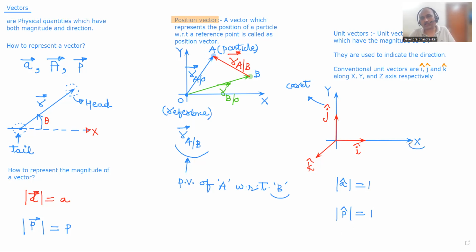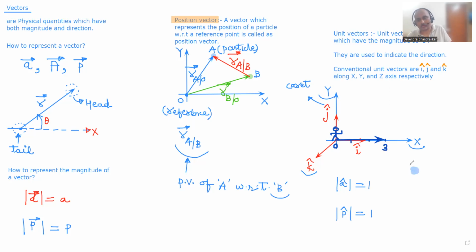Now, the direction of x-axis is I cap, the direction of y-axis is j cap, and direction of z-axis is k cap. So if a man walks from this point, origin, to 3 units in this direction, so its magnitude is 3.